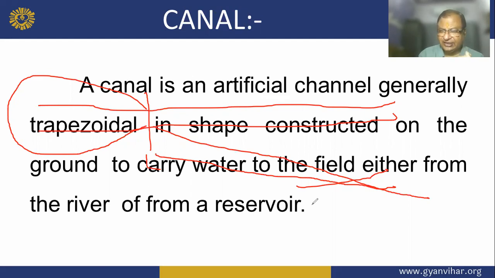So at the headwork, it has 3 or 4 meters. At the tail end, it is 0, because after that, there is no way. So what will be the water?